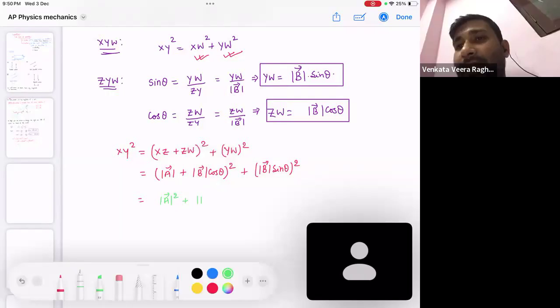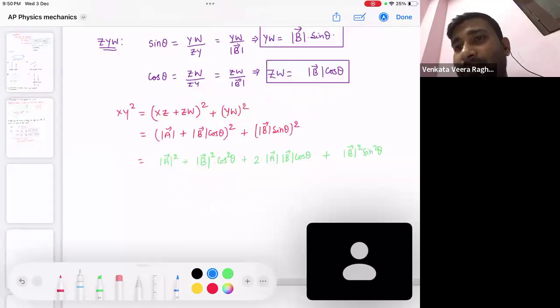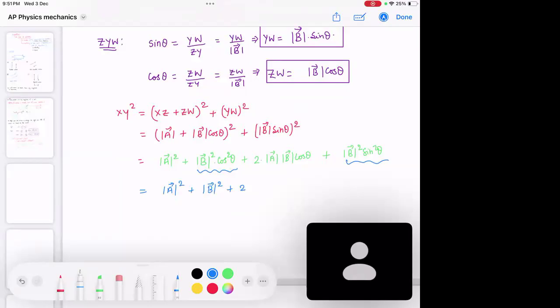Mod B squared cos squared theta plus B sin squared theta in the second term. This term and this term, is it mod B squared common, sin squared theta plus cos squared theta? Yes, sir. So it will become mod A squared plus mod B squared.